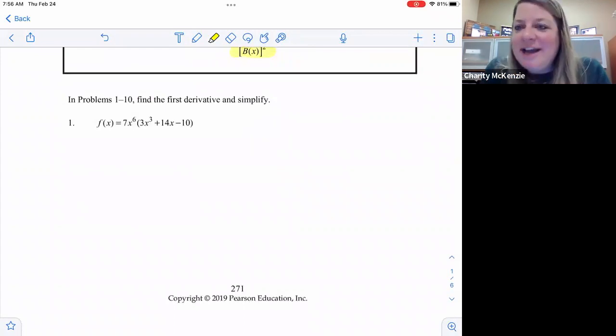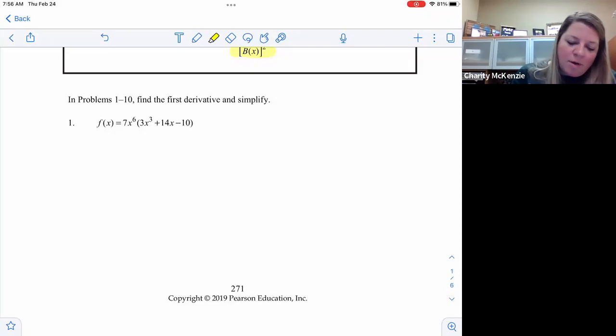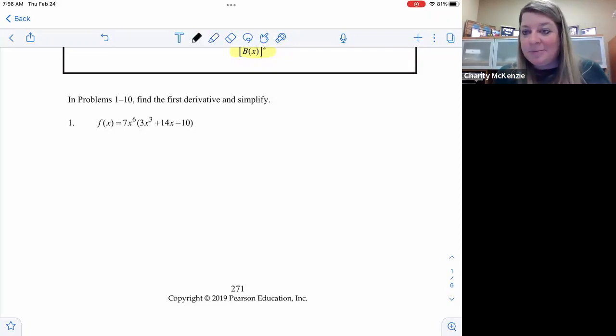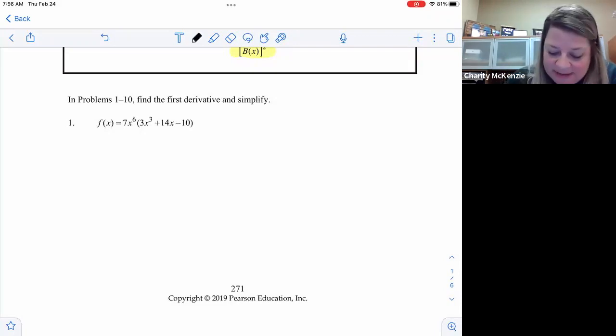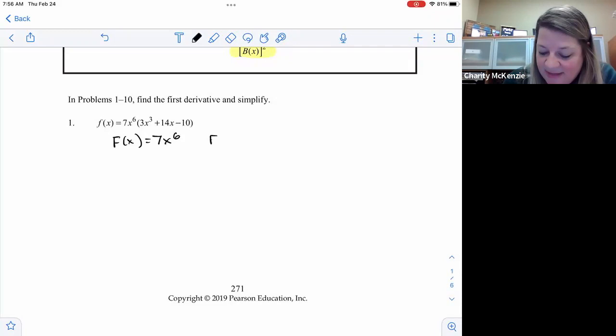Now this first one, could I easily times this through? Yes, but I'm going to do the long way because I'm not sure why they didn't give us a problem that we had to use the product rule for, but let's do this one. We could times this through, but we're going to use the rule. So our first term is 7x to the 6th. Then I need the derivative of that first term, which is 6 times 7 is 42x to the 5th.